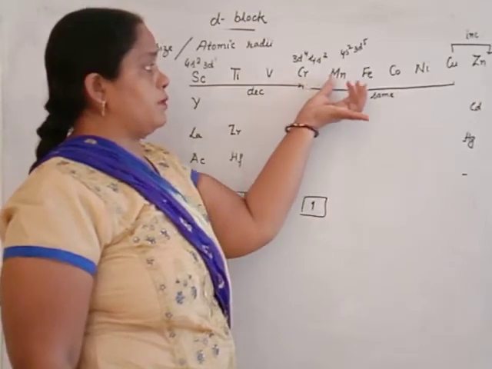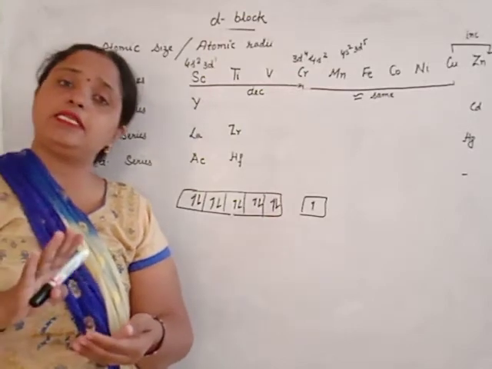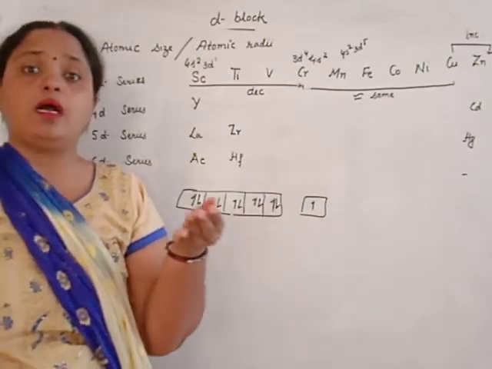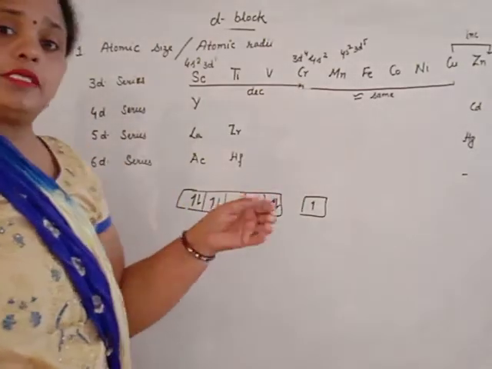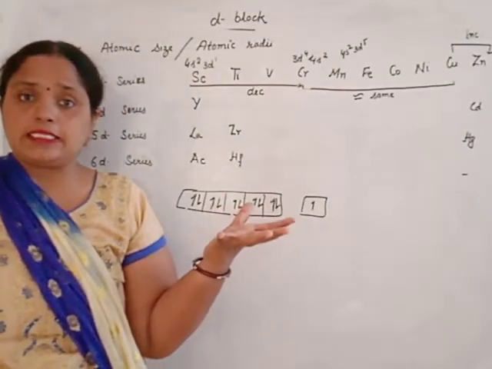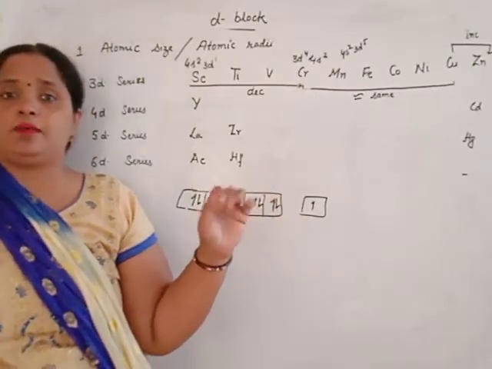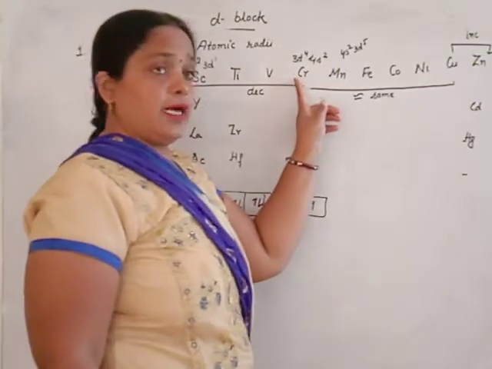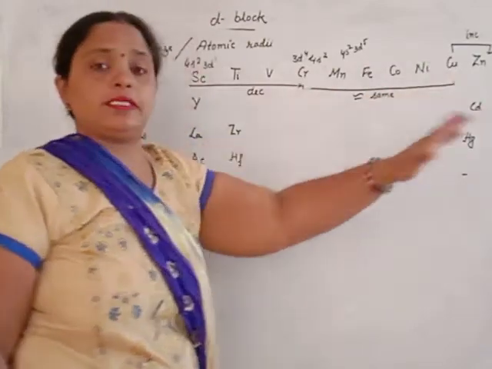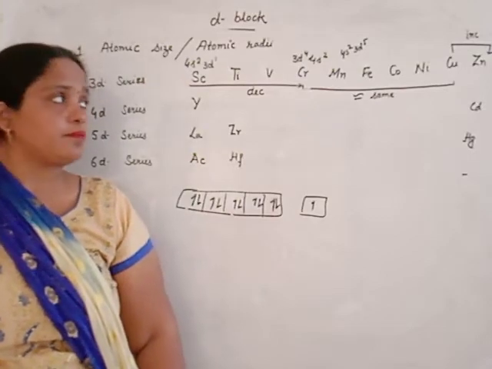When we move from chromium to manganese, as the atomic number increases, nuclear charge increases. With increasing nuclear charge and number of electrons in the outermost shell, electron repulsion increases. Repulsion tends to increase the size, nuclear charge tends to decrease the size. They cancel the effect of each other and size remains the same. This occurs from manganese to copper. So from manganese to copper, atomic size remains approximately the same.